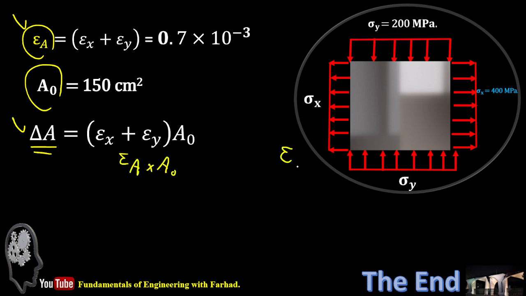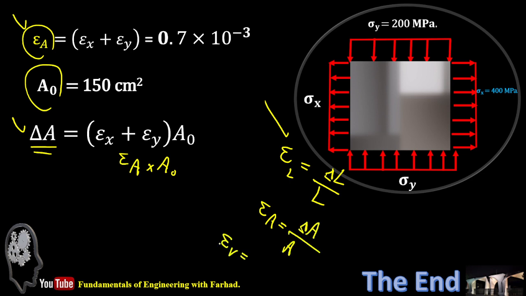That makes sense because epsilon normal is delta L over L, epsilon area is delta area over the area, and epsilon v, which we call volumetric strain, is delta V over original V. So if we are looking for delta A, we simply multiply the original area times epsilon a.